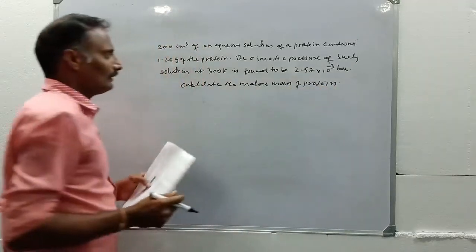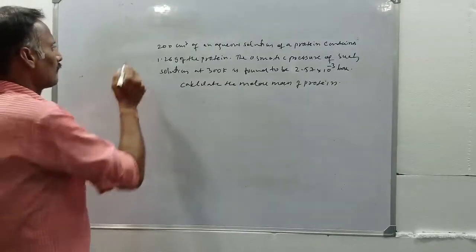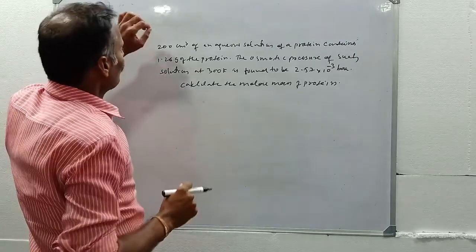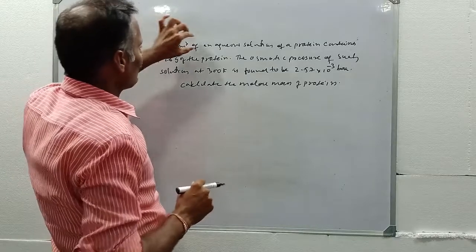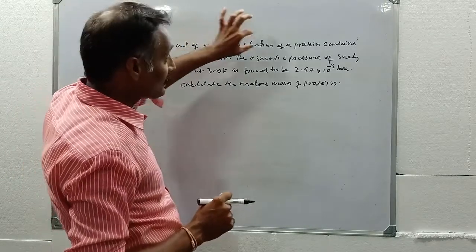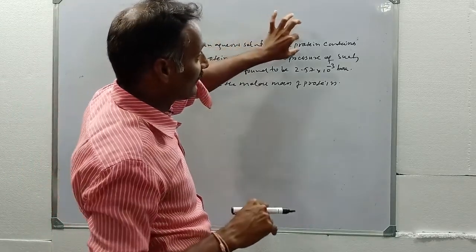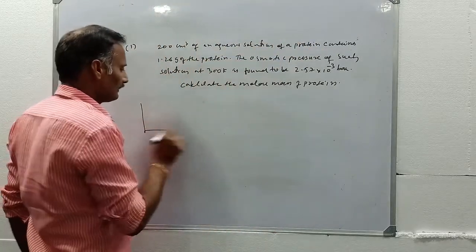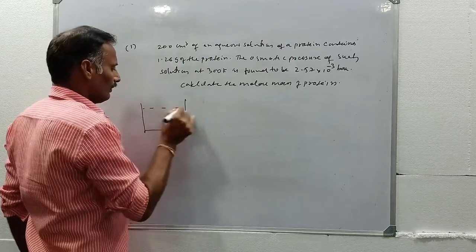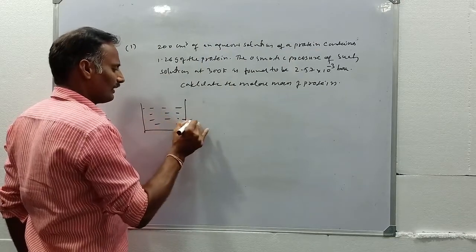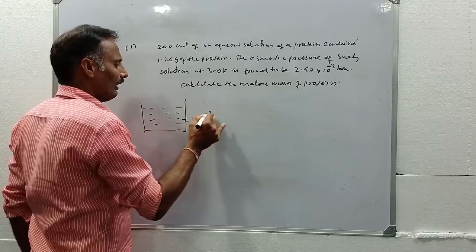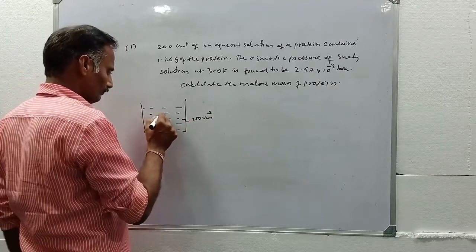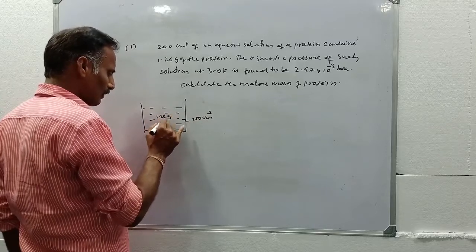This is the problem, one of the important problems based on osmotic pressure. There is a 200 cm cube of aqueous solution, and in this solution it contains 1.26 gram of protein.